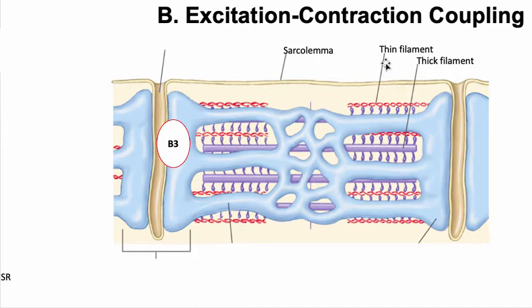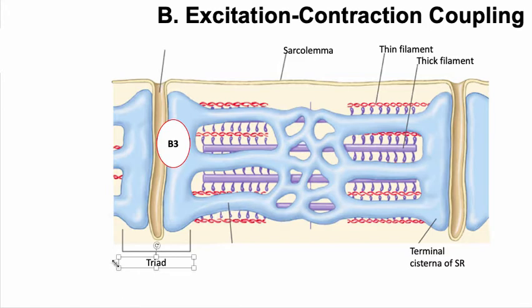So we've got the sarcolemma, we've got thin and thick filaments, right? We also have the sarcoplasmic reticulum, right? Which includes these flattened endings, which are called terminal cisternae, and the transverse tubule system here.